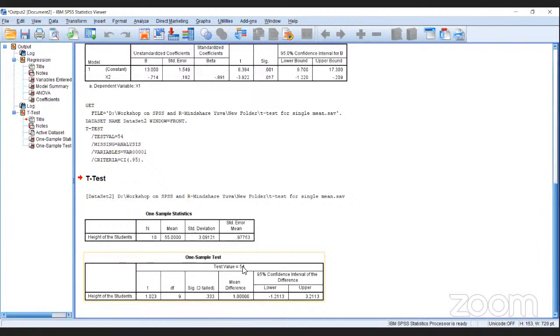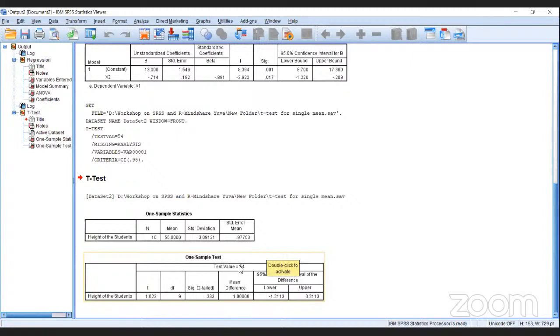So what they have given here, if you come across this mean, 55, what is our cutoff point? 54. So by seeing this itself, you will get that this is more than that.